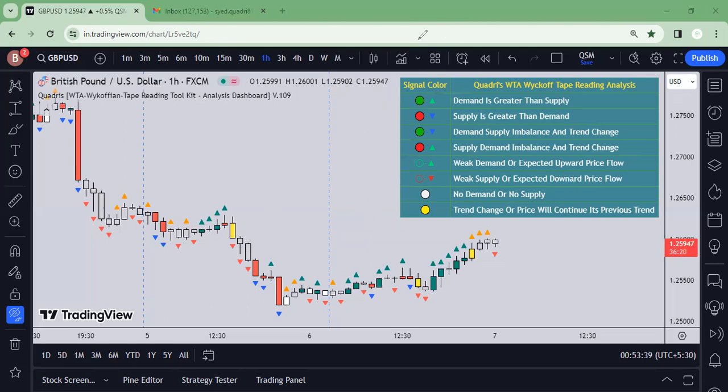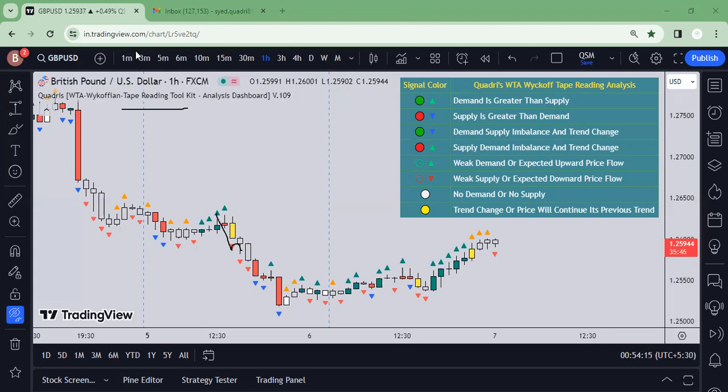If you use it one time, if you understand it one time, then you'll never leave it. Even if you are using any smart money concepts, any moving average, any RSI, MACD, because this is purely based on demand and supply, cause and effect, effort versus result, 3 laws of Wyckoff, and it is pure tape reading.